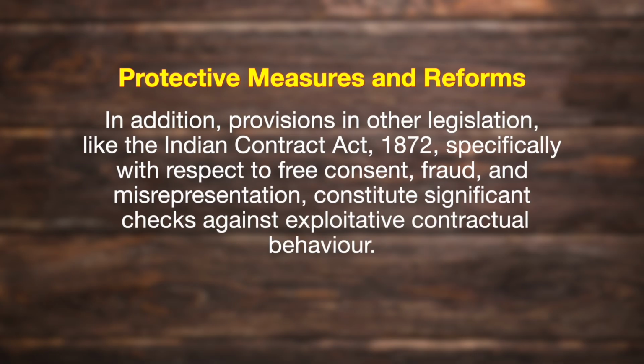The law also included the doctrine of product and service liability so that service providers and manufacturers can be held accountable for defective services even where there are disclaimers in boilerplate contracts. In addition, provisions in other legislation like the Indian Contract Act 1872, specifically with respect to free consent, fraud and misrepresentation, constitute significant checks against exploitative contractual behavior.